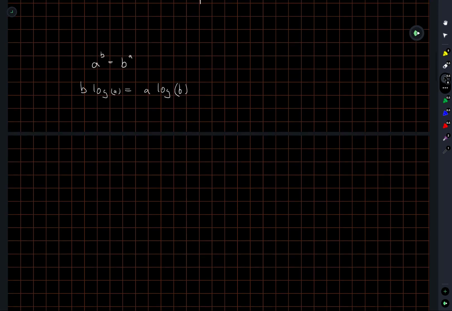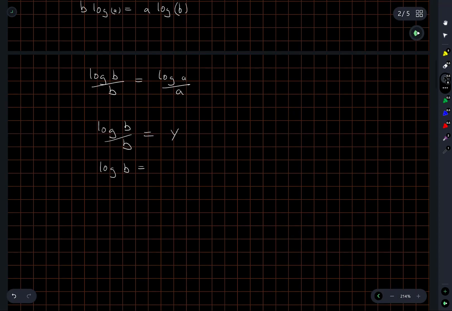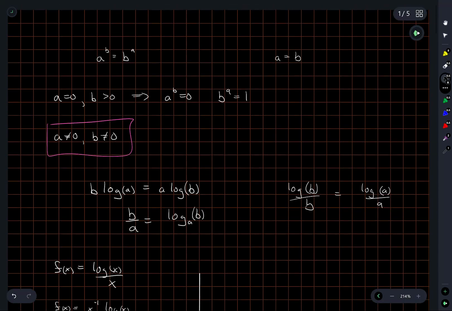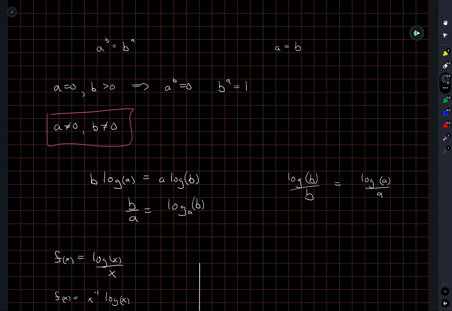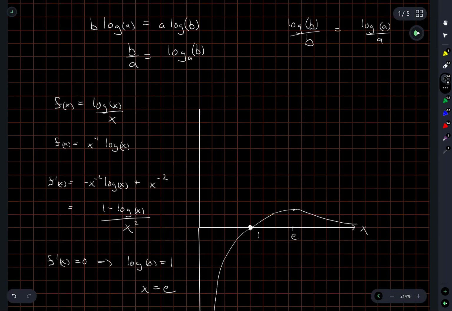I'm trying to solve for b log a minus a log b equals 0. Will this help? I'm not really sure.